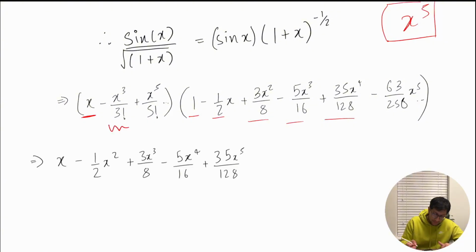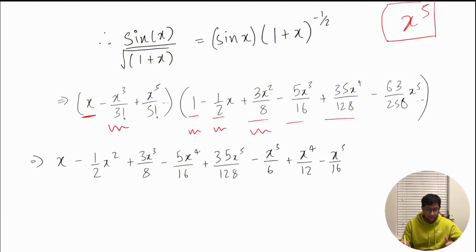Then you multiply the x cubed by 1, because that keeps you within 5, and by x squared, that keeps you within 5 as well. So you get 3 terms. Lastly, you multiply the x to the power of 5 term just with 1, because if you multiply it by x again, you end up getting x to the power of 6.